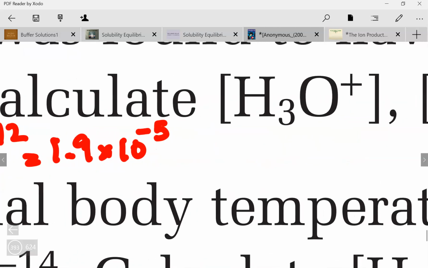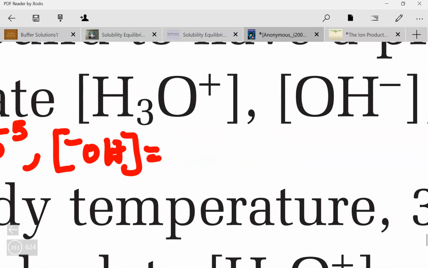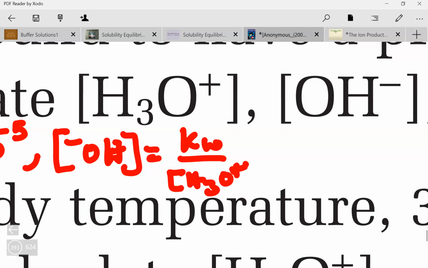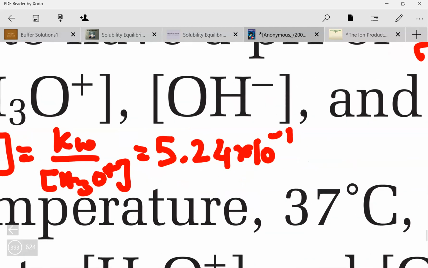We go from here to, what do we just calculate? H3O plus. We can calculate OH minus by doing Kw divided by whatever answer we just got. 1 times 10 to the power of negative 14 divided by that is 5.24 times 10 to the power of negative 10.